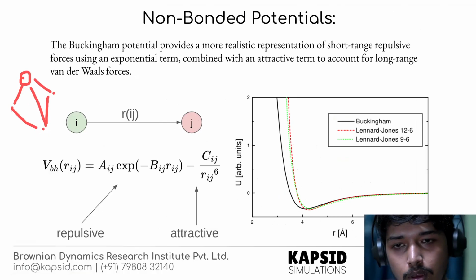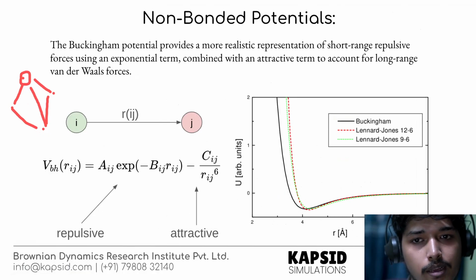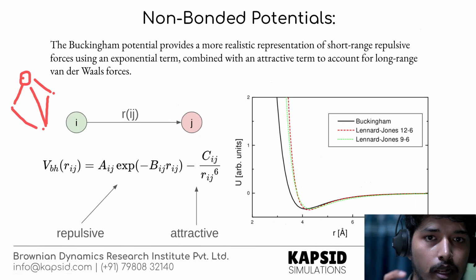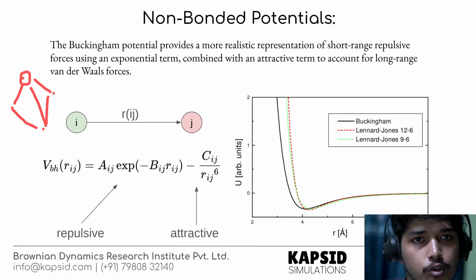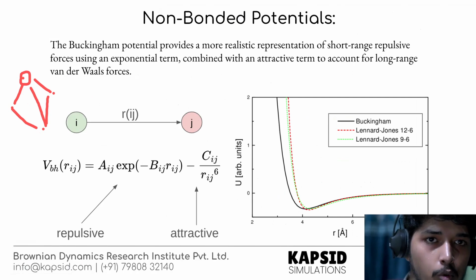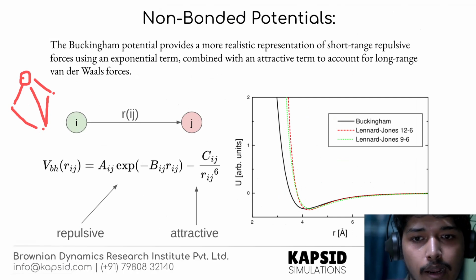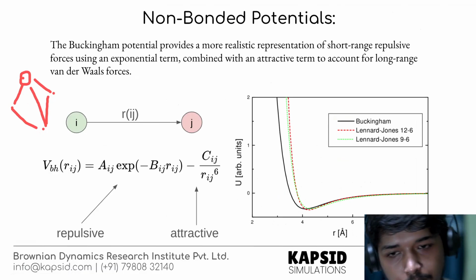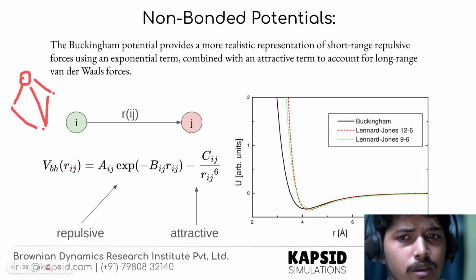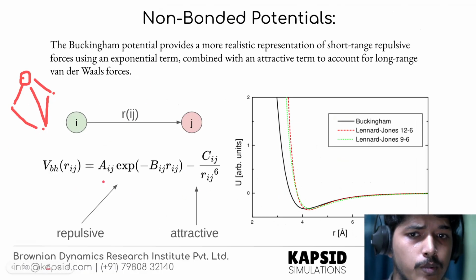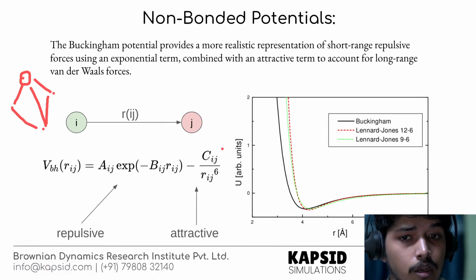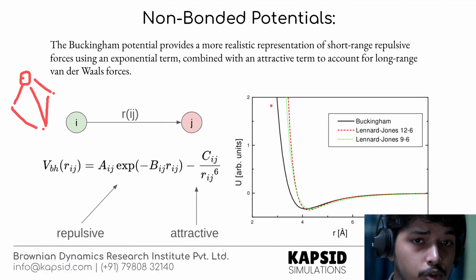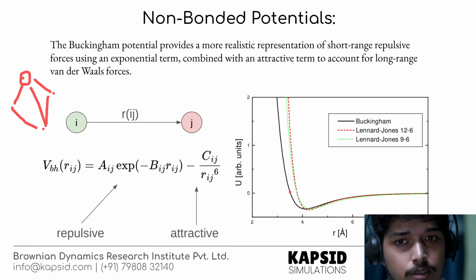So now you get an idea of how important it is to keep the non-bonded potentials compute friendly, so that we can compute more and more potentials, and at least the speed would be much higher. So that's the only reason why we do not use Buckingham potentials. But despite that, Buckingham potentials give you a more realistic repulsive term, which we actually want.